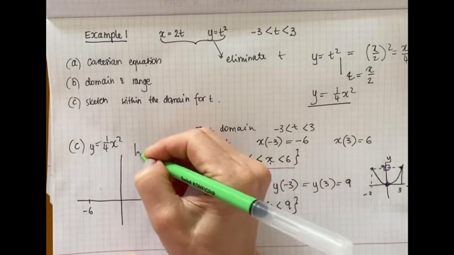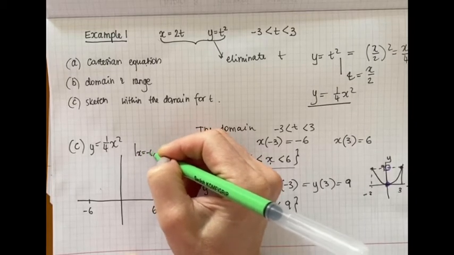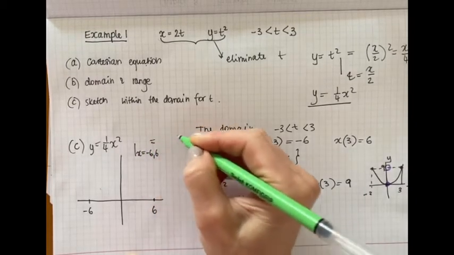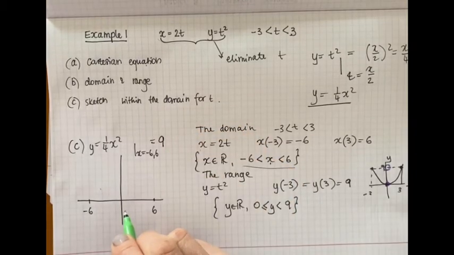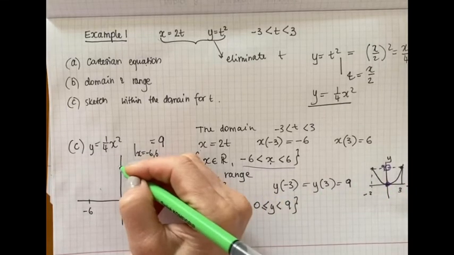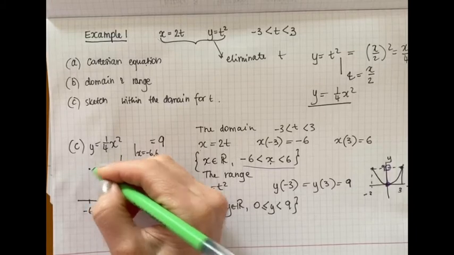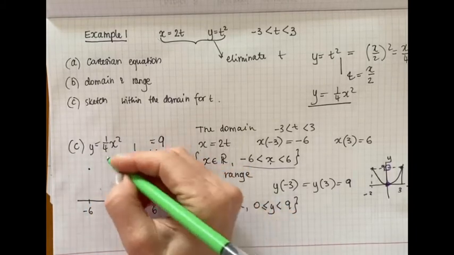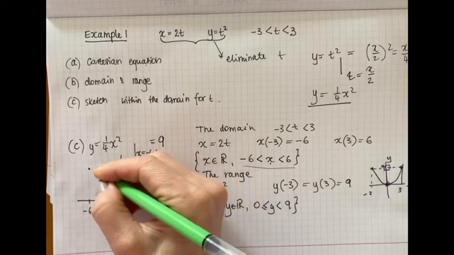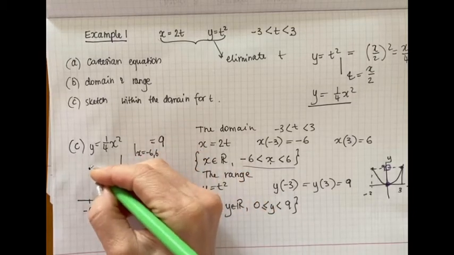So x is equal to -6 or 6. That will give me 36 over 4, which is 9. So that's going to give me actually the same one as this one. Just double check. 36 over 4 is 9. And we're not going to include those points.